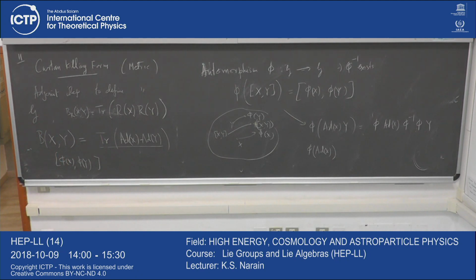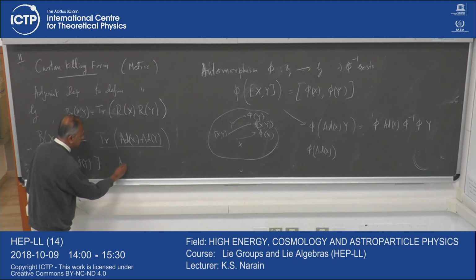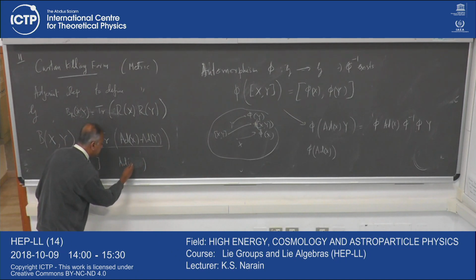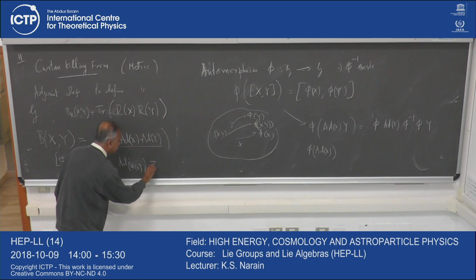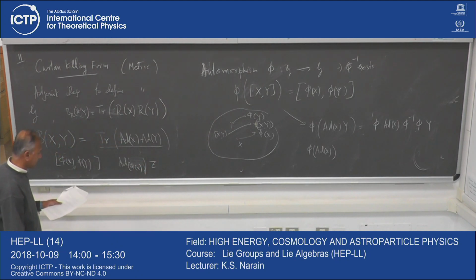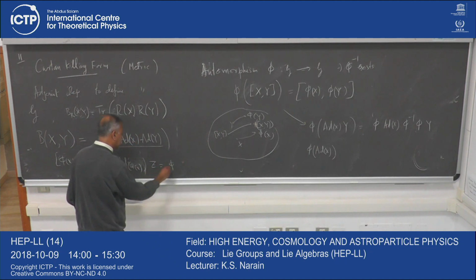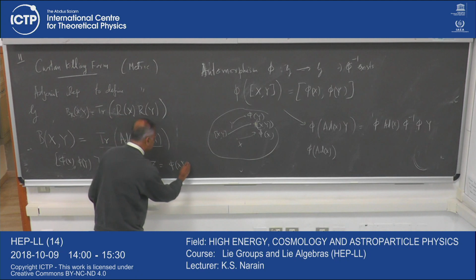That's what we want to prove. But let's try to see what is ad of phi of x. Let's try to work it out. Ad phi x acting on any z, let's say. So what is that? According to this definition, it is simply the commutator of phi x with z, right?